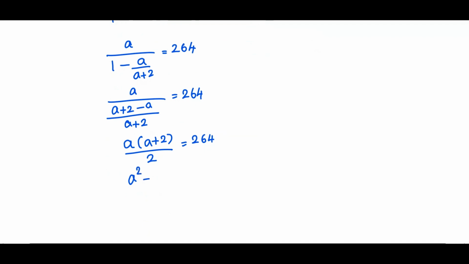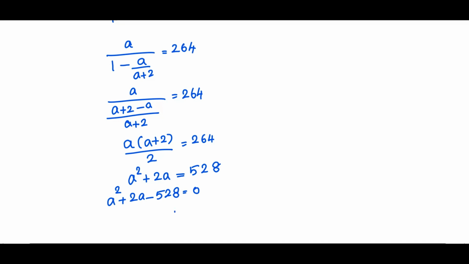So a squared plus 2a equal to 528. Or this can be written as a squared plus 2a minus 528 equal to 0.